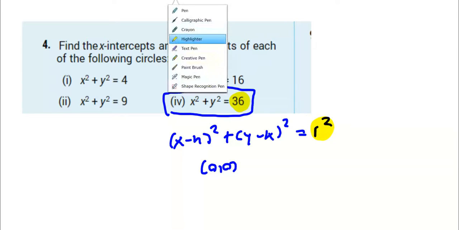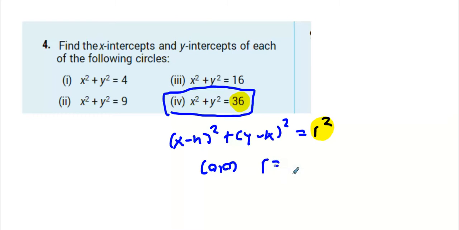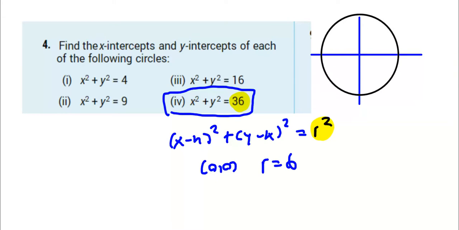Yeah, the radius is 6. If you draw yourself this graph, you don't have to, obviously, you can picture it in your head. You're going, all right, 6 to the right, 0. 6 down. 6 up. 0, 6.